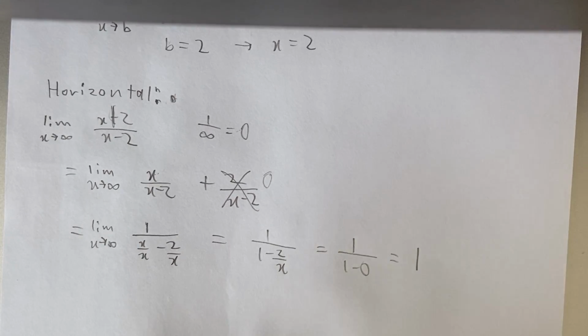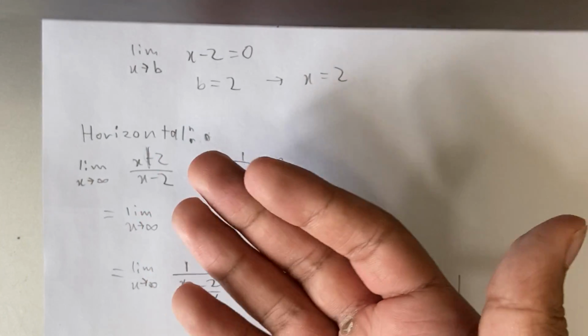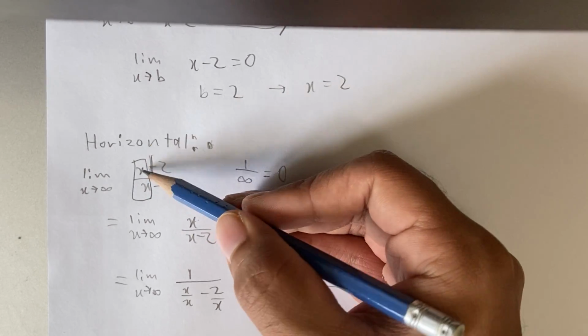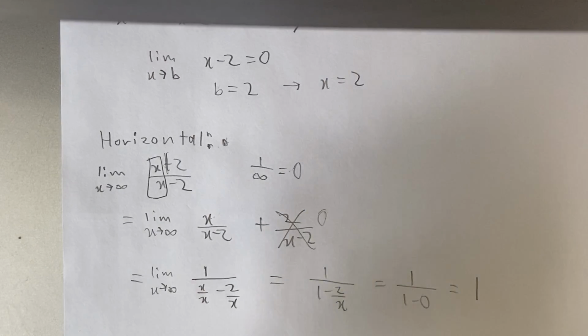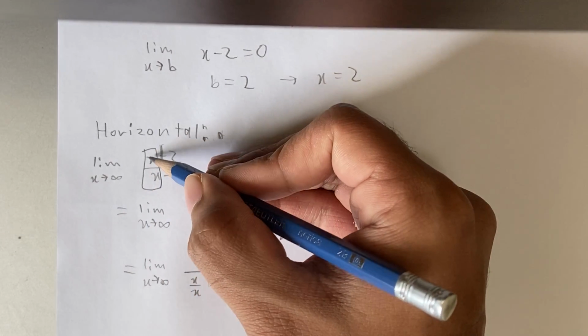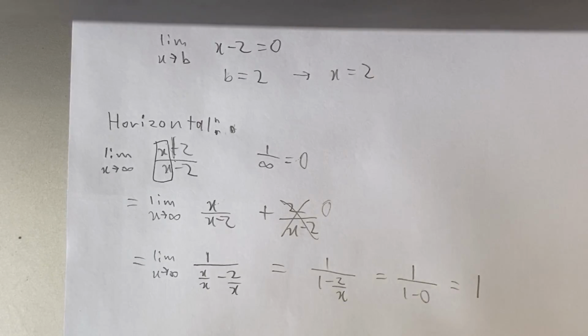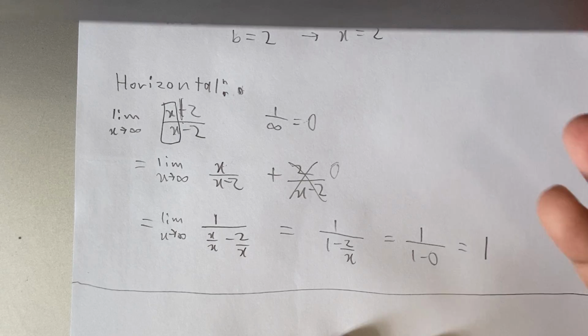As simple as that. So that's what you do if you have something simpler, where the highest powers on the top and bottom have the same power. Here it's x to the power of 1 over x to the power of 1. However, this changes if the powers change.